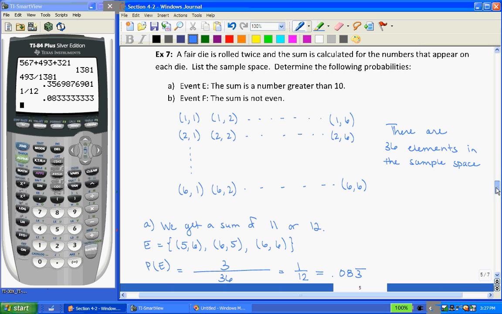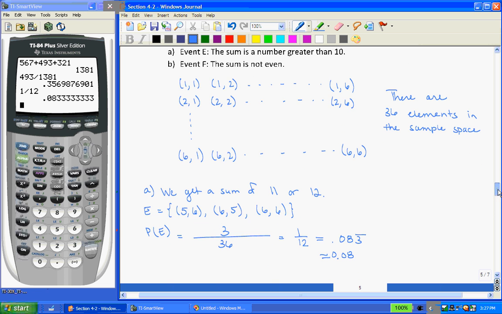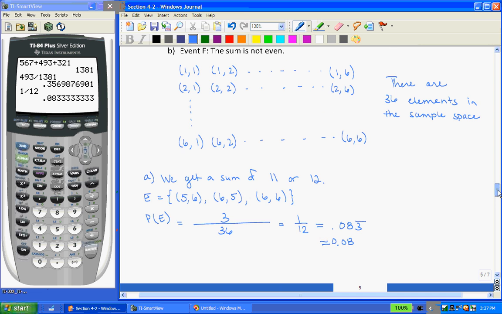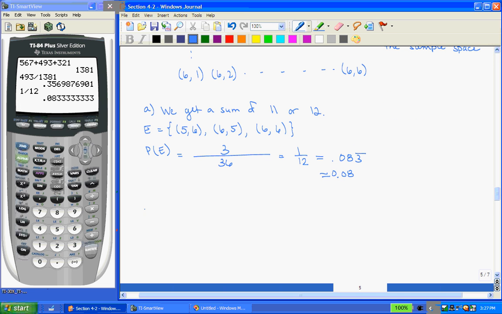We're also asked the event if the sum is not even. Okay, well, if it's not even, that means the sum is odd.